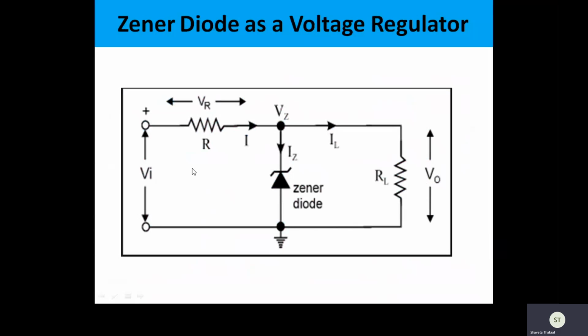So if we change the source, then the output voltage should not be affected because of that, and if we change the value of load, then also the output voltage should not be affected. So a voltage regulator means the constant output voltage needs to be maintained across the load, irrespective of change in source or change in load.